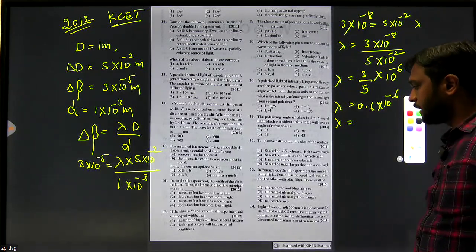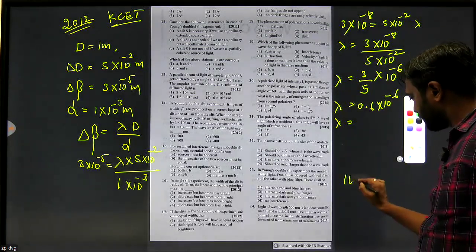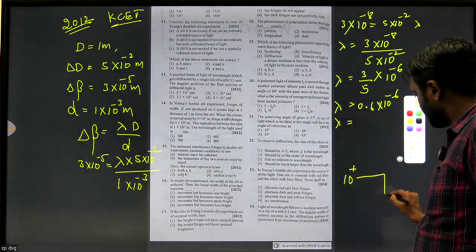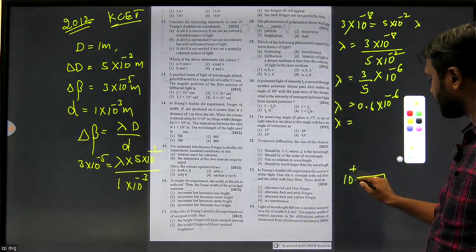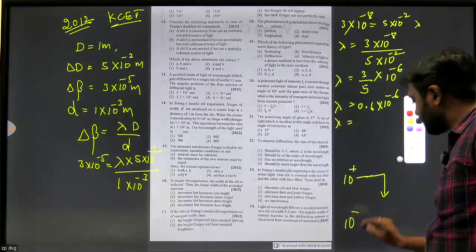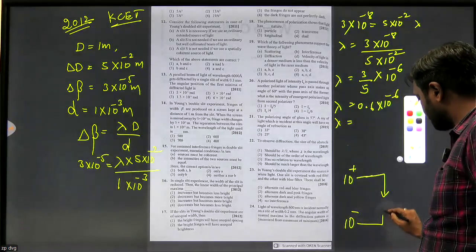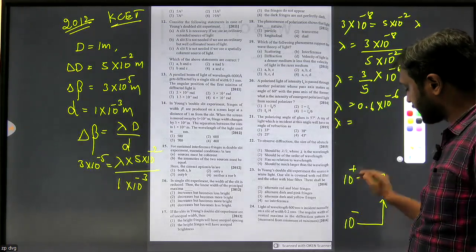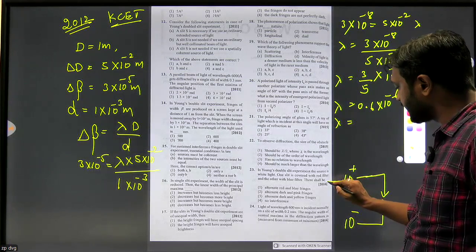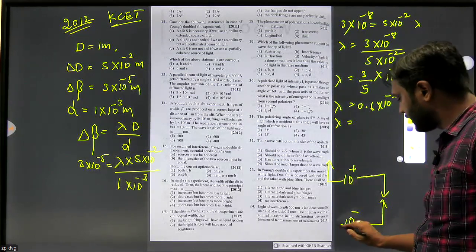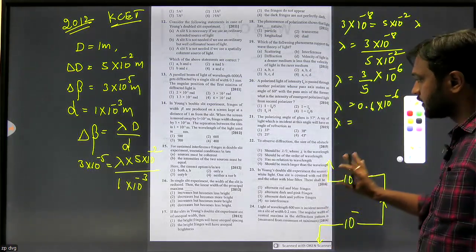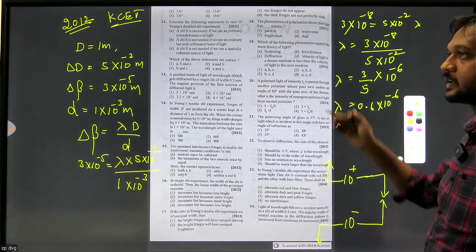See, keep in mind: if the power of 10 is positive and the decimal point is shifted right side, the power decreases. If the power of 10 is negative and the decimal point is shifted right side, the power increases. And if the power is positive and you shift the decimal point left side, the power increases. So this picture clearly represents the power decrease and increase.